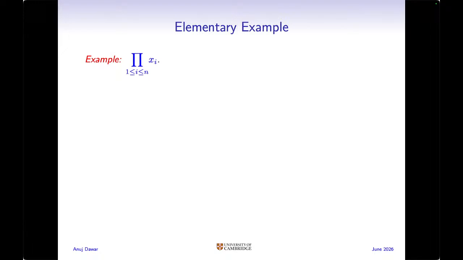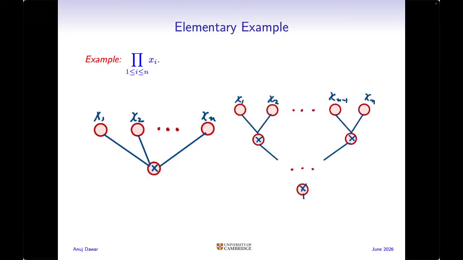Take the simple polynomial which is simply the product of n variables. I can compute it with a single multiplication gate with n inputs. I can also compute it with binary multiplication gates by taking a complete binary tree, complete if n is a power of 2.